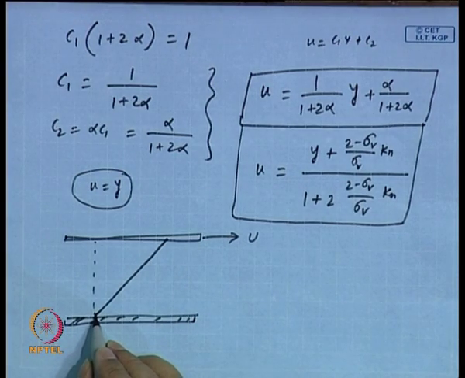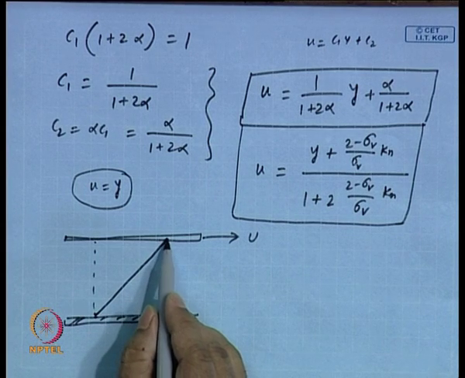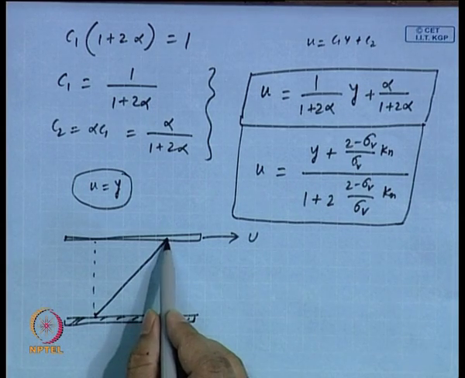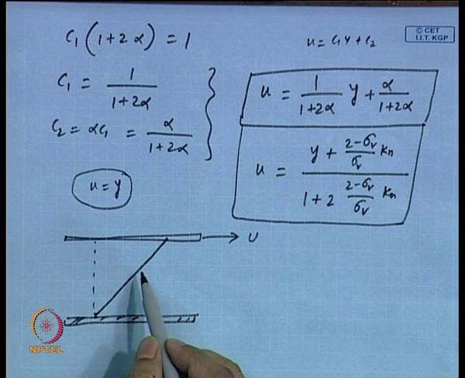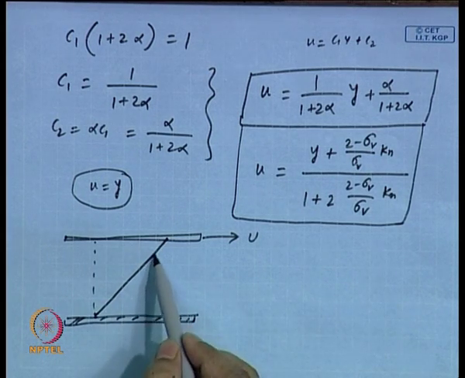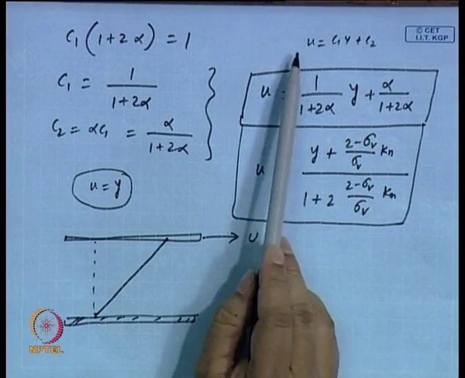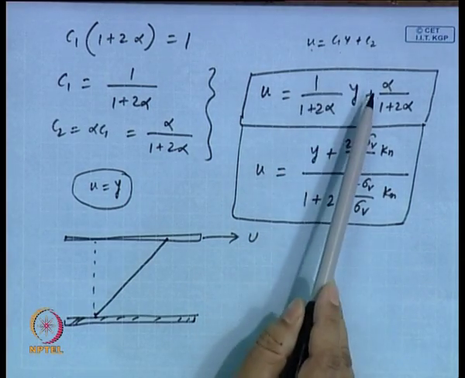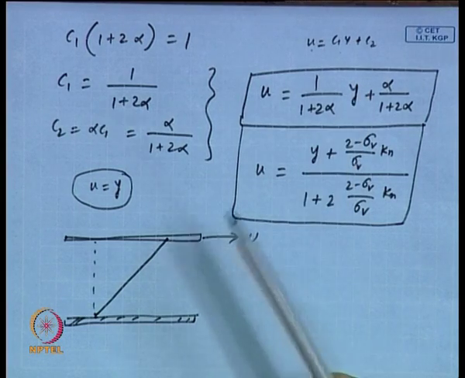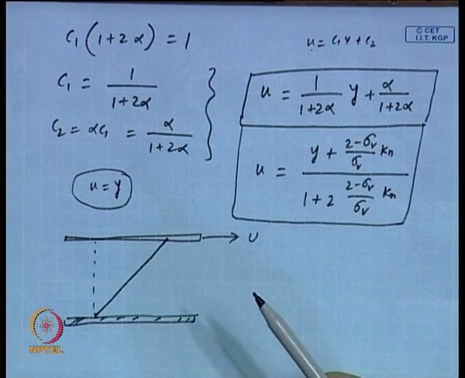Velocity is 0 here and velocity is capital U here. That is the no slip boundary condition. Here also, since we are retaining this u is equal to C1y plus C2 form, the velocity profile in this case will also be linear.